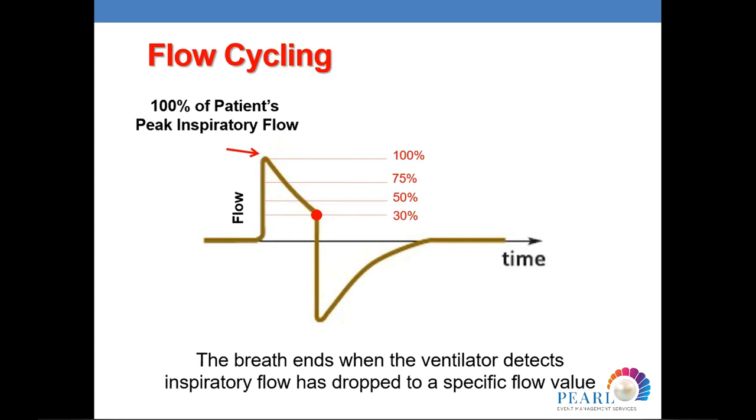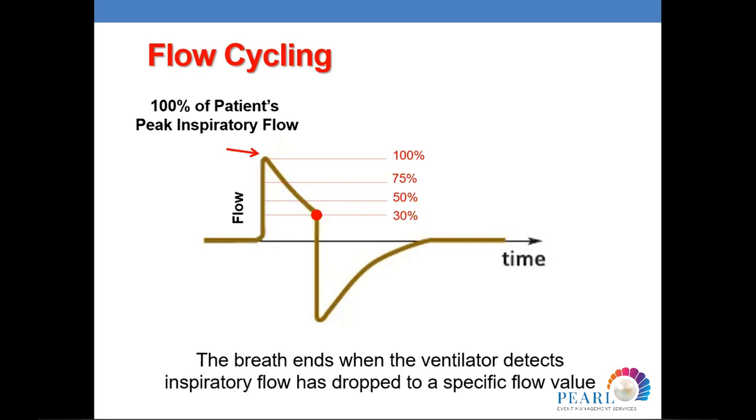The other option is flow cycling. Flow cycling is a way to ask the baby, the patient himself, to determine his inspiratory time. We assume it is more physiologic that the patient himself will determine when his inspiration will end.